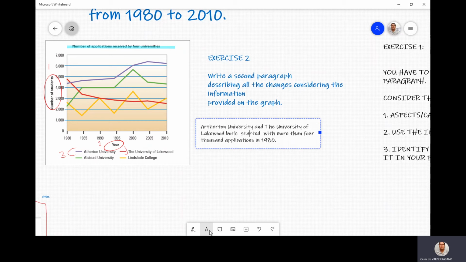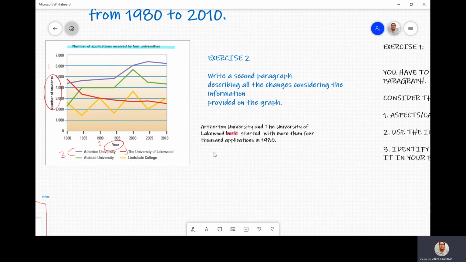It's very important that you consider including both in your description. In this case, because we have two universities that show the highest points, we can contrast the information from the highest to the lowest.